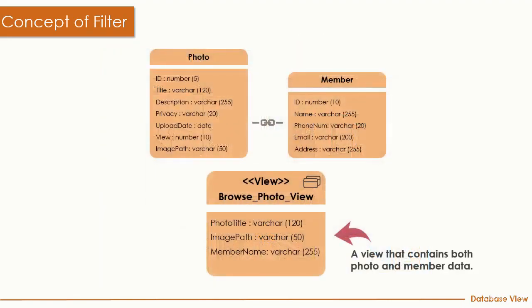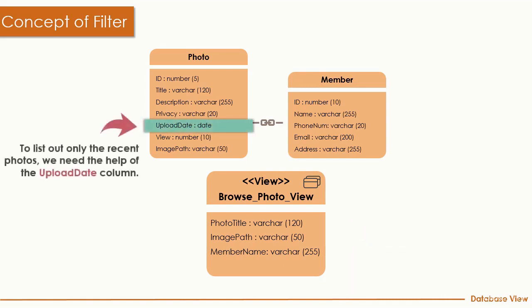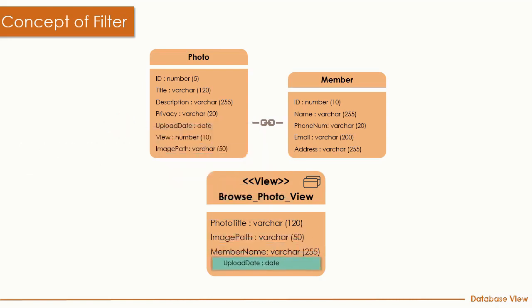So we base it on the browse photo view and enhance it to support recent photos. You can see we have the upload date stored in the photo entity, which shows when you uploaded the photo. Then we can add this upload date to the browse photo view and add a filter to keep only the photos uploaded within 5 days. Let's see how it works.